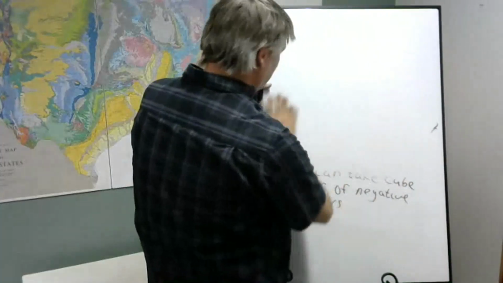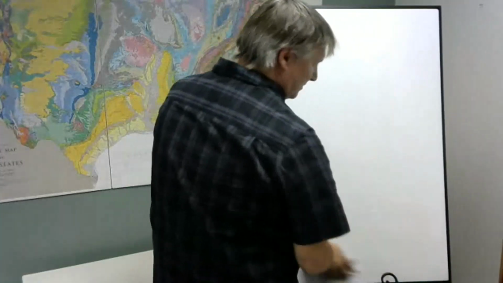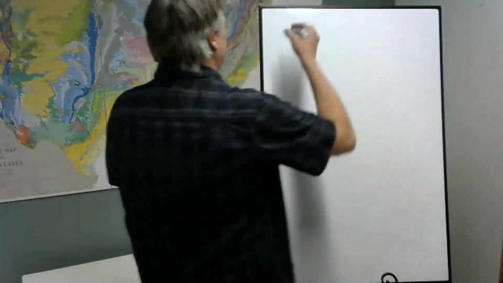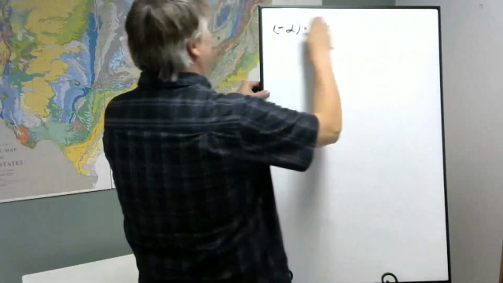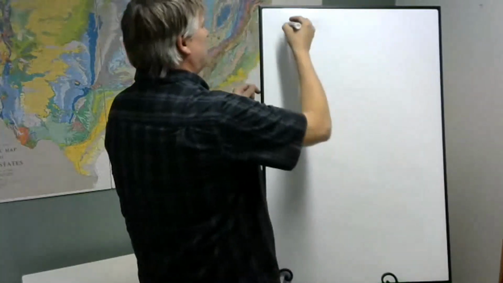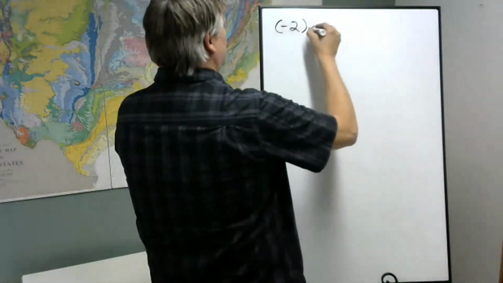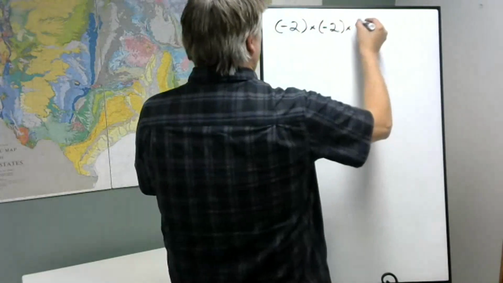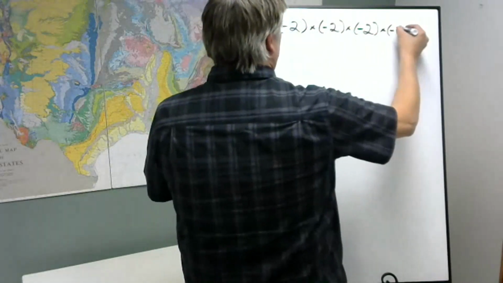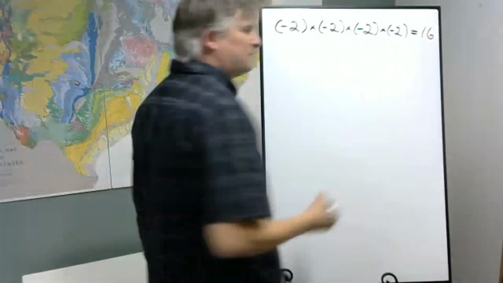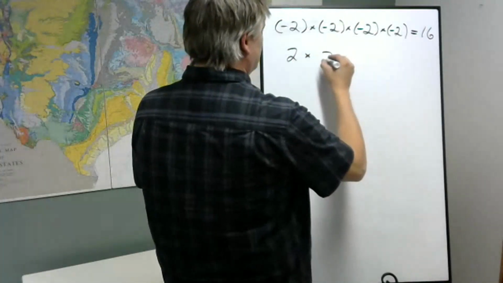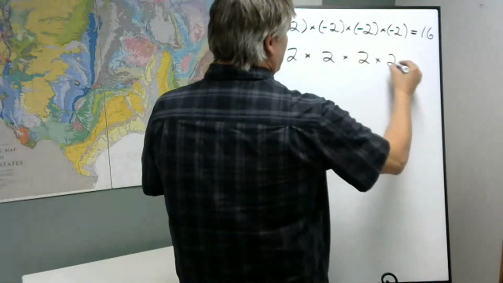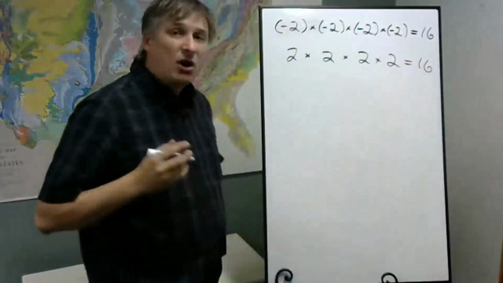Now, let's take a look at something. What about the fourth root of negative numbers? Well, back up here a little bit. Let me show you this first. If you multiply these together, you get 16. Also, we saw that this is also 16.